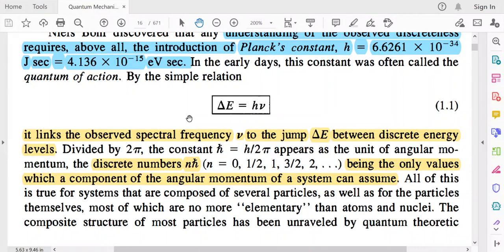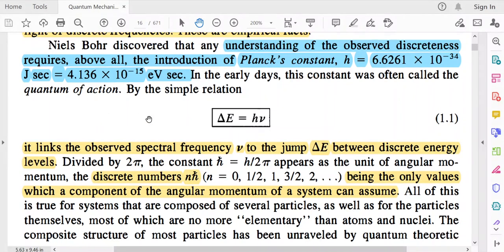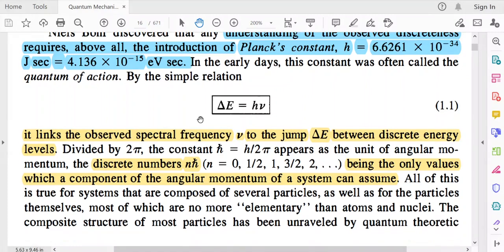The significance of Planck's constant is that it links the observed spectral frequency nu to the jump delta E between the discrete energy levels. That is, for the understanding of the observed discreteness, we need this particular constant.